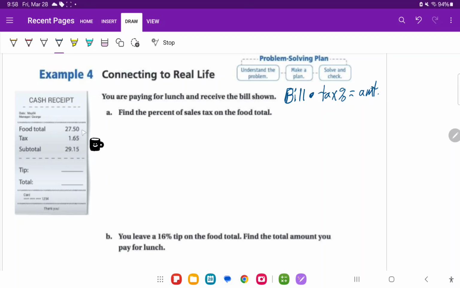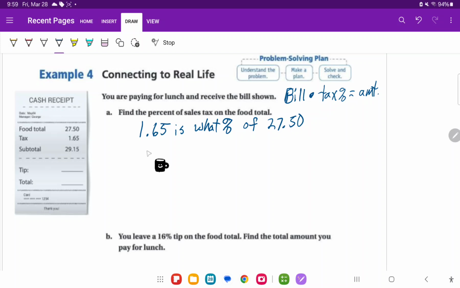So you take the bill, you multiply it by some percentage to get the amount. So if we were going to set this up, it would be that $1.65 is what percent of the $27.50. 1.65 is what percent of $27.50.